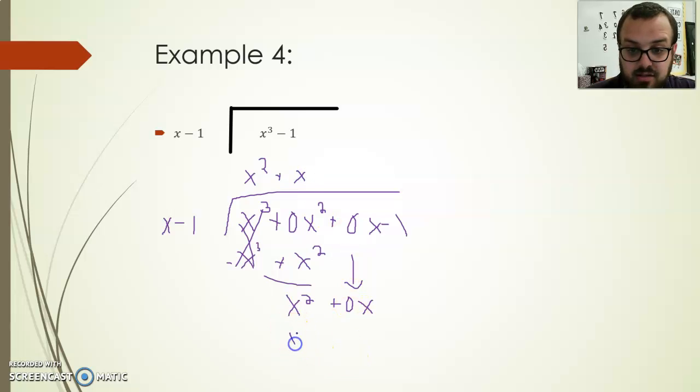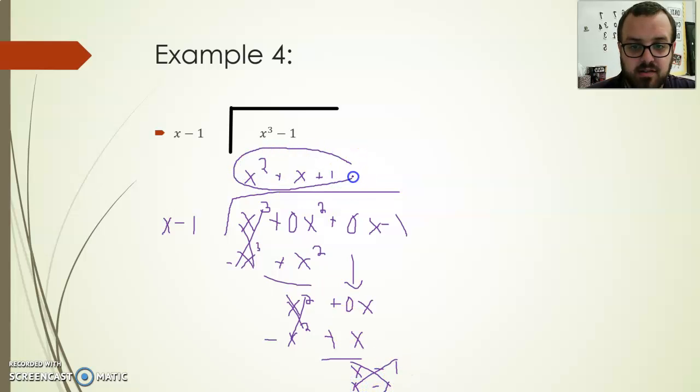We're going to get x squared minus x. Change my signs. Cancel. I'm going to end up getting x minus 1. And this will go into that one time. We'll get x minus 1, and we're going to have no remainder. These are just going to cancel, so that would be my answer.